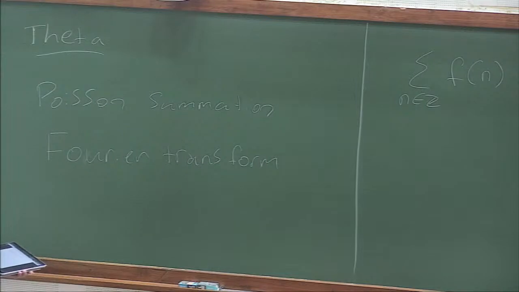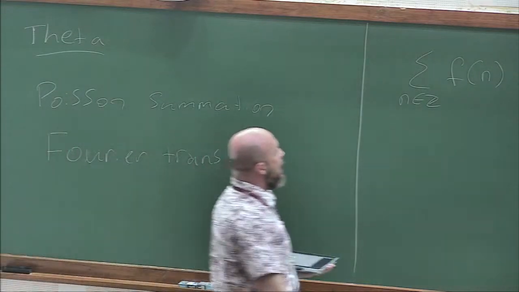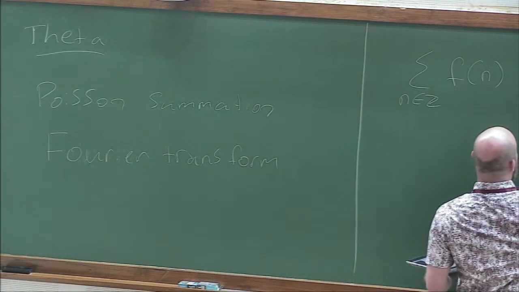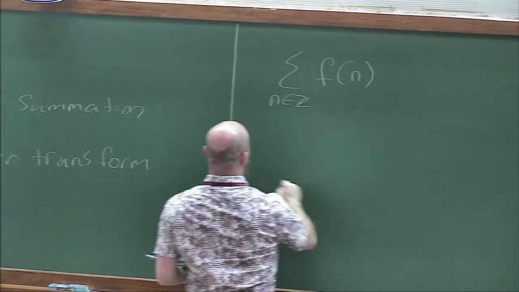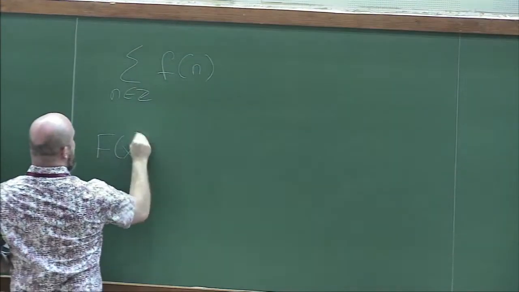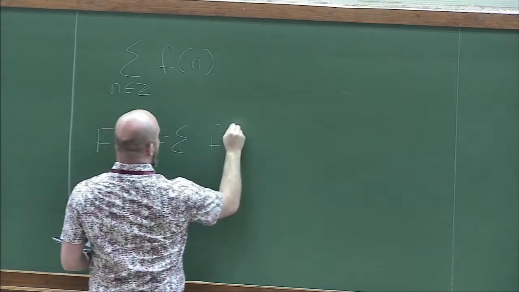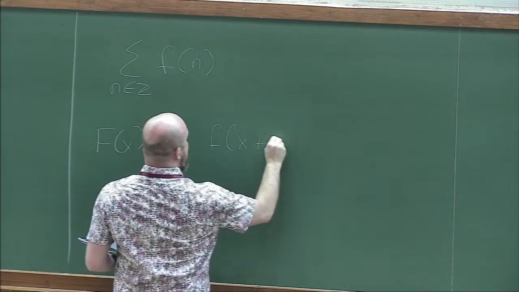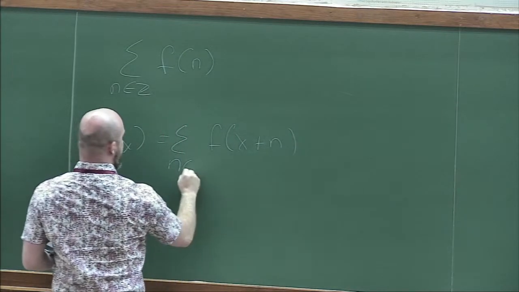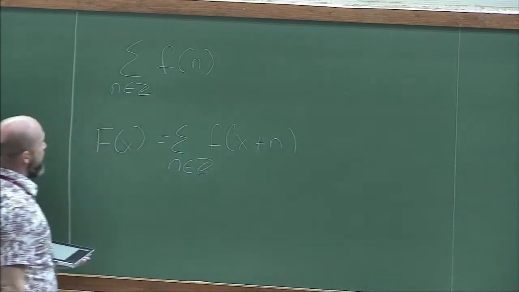At least we'll start with something of this form. Or maybe we want to make this a little bit more general. We want to talk about some kind of function, capital F of x, which is given as a sum of this smaller function, little f of x plus n, again, where n ranges over the integers.